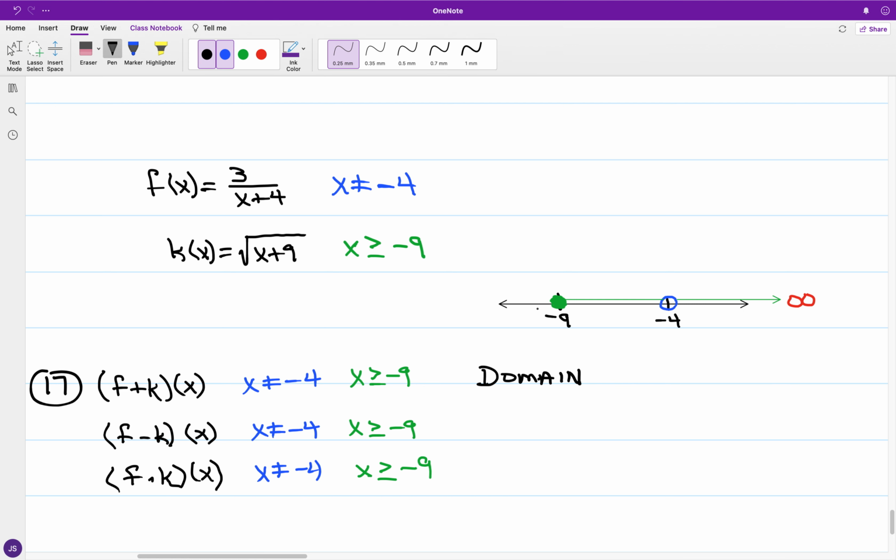So the domain is going to begin from and including negative 9. And we have approaching but not including negative 4. So negative 4 is going to be bypassed. And for the rest of the domain, we have going past negative 4 and approaching infinity.